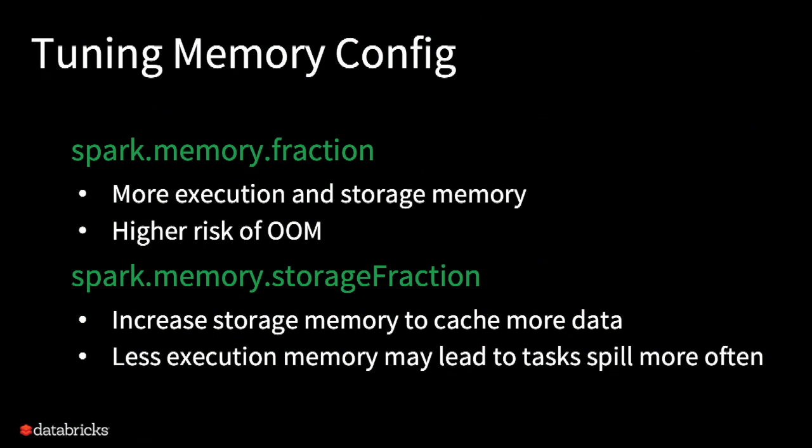The other is that you may increase the value of spark.memory.storageFraction to expose more storage memory. Thus, users can cache data more aggressively. The disadvantage is that this may also lead to less execution memory. If the execution memory is fully booked, we may observe task spill appearing more often.